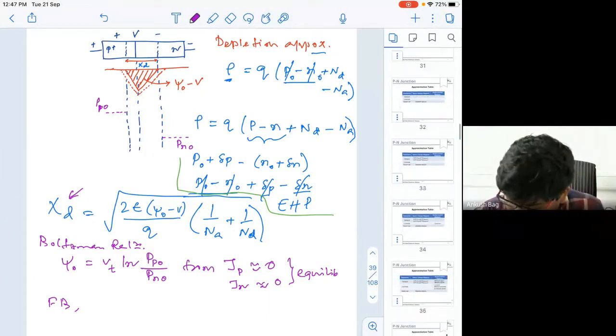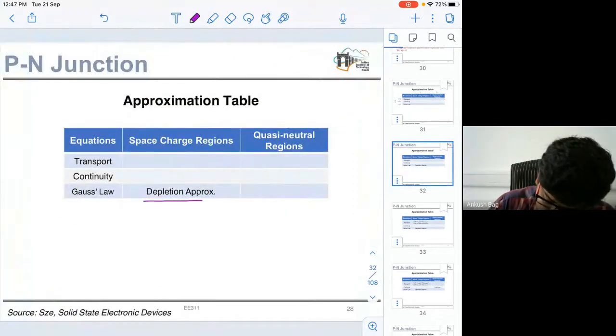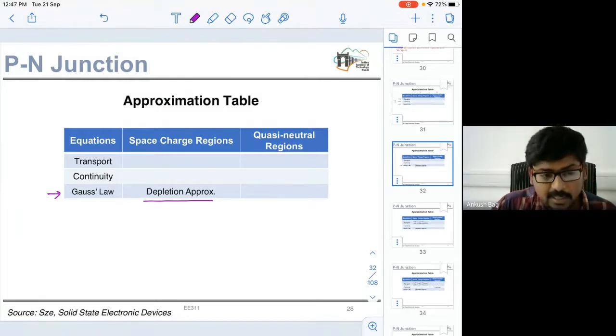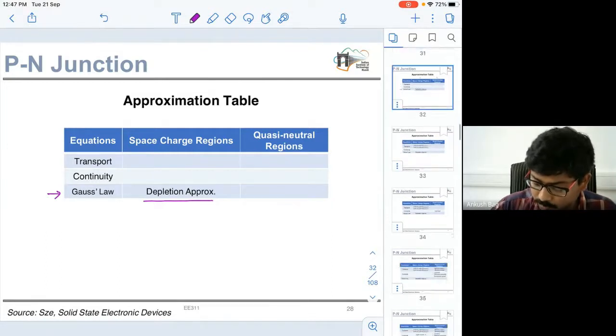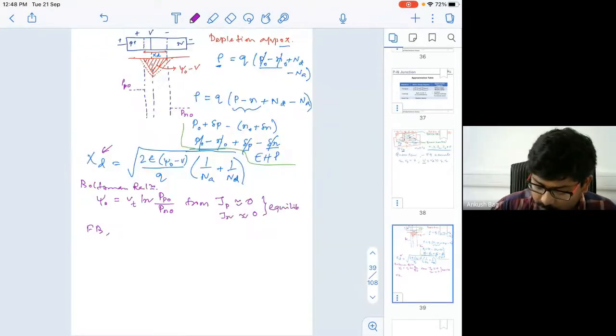So here we have already considered the depletion approximation when applying Gauss law, because whenever we consider the depletion approximation, only then can we apply Gauss law at the edges. If we are not considering this depletion approximation at the edges, we will not be able to arrive at the electric field distribution or the depletion region xd. So after considering the depletion approximation within the space charge domain, we arrive at this.